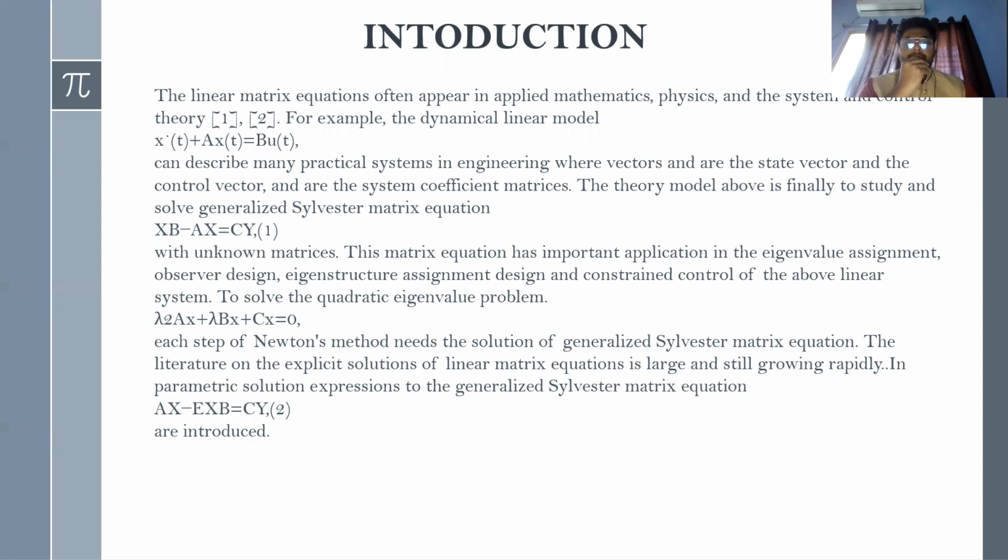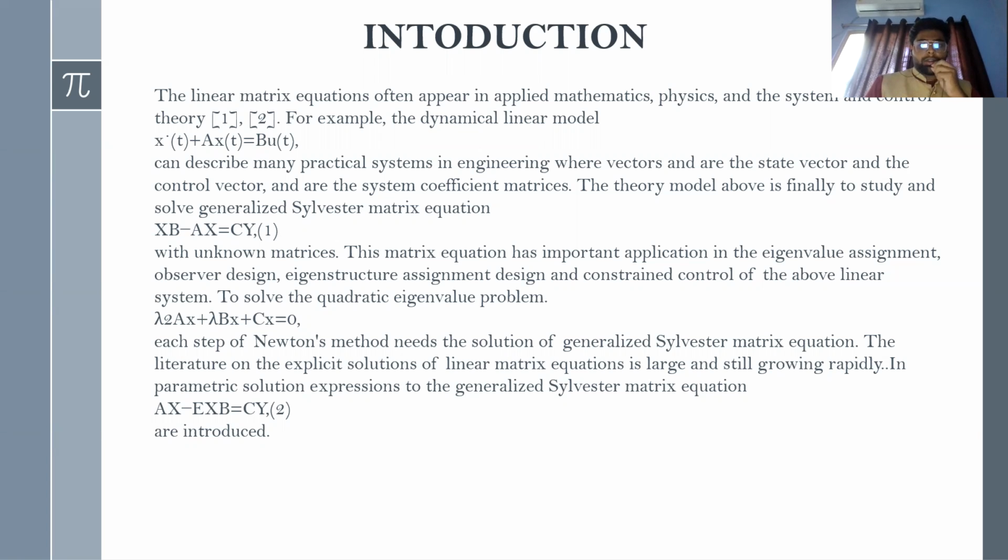In parametric solution, the expression of the generalized Sylvester matrix equation is AX minus EXB is equal to CY. These are the two equations where the generalized Sylvester matrix is used or introduced.